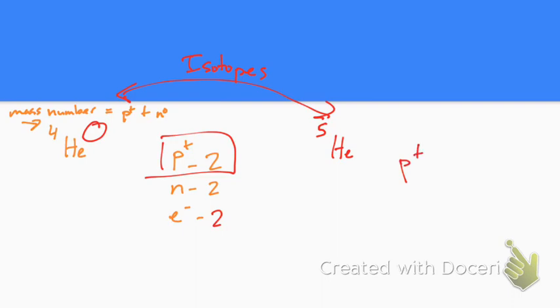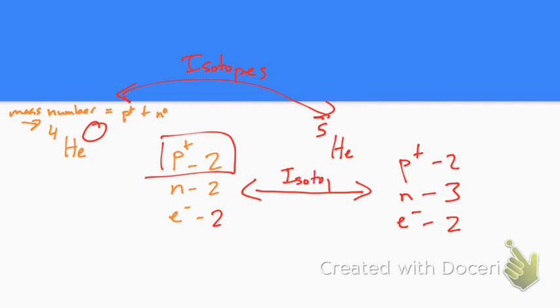The number of protons is 2. In this case, the number of neutrons is 3, because 2 plus 3 equals 5. The electrons are 2 because this is neutral. So notice, if you change the number of neutrons, you have an isotope, and isotopes have different mass numbers.